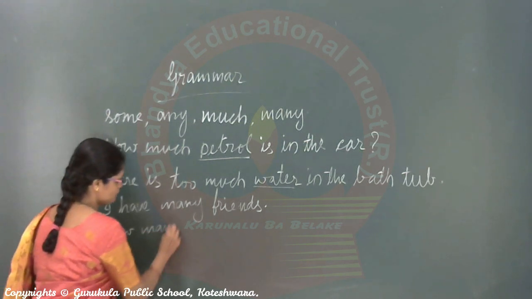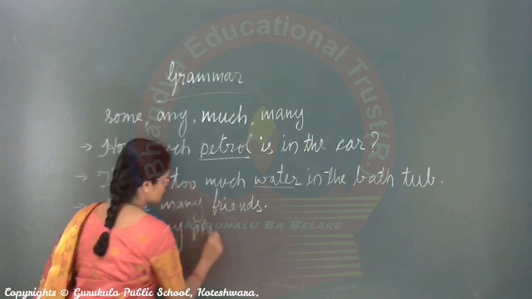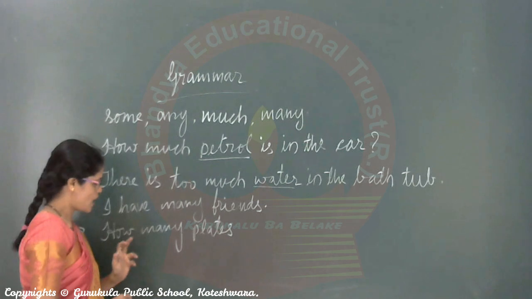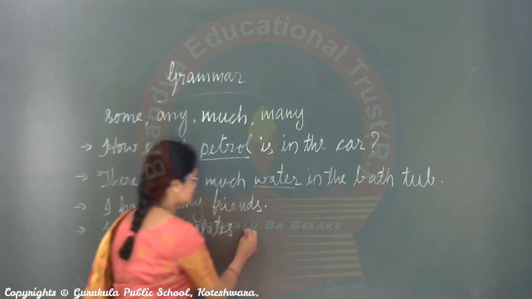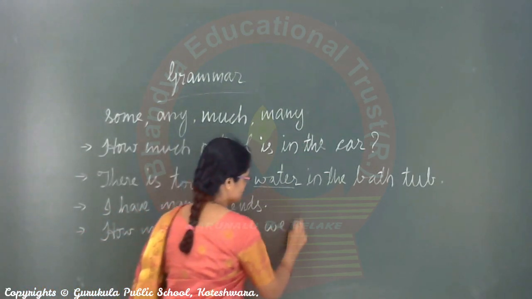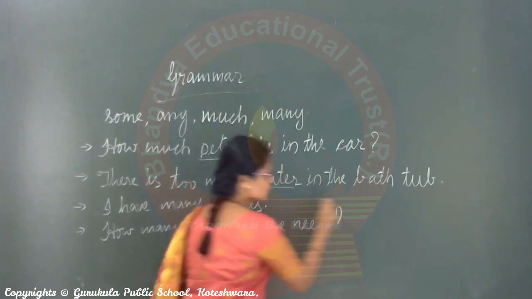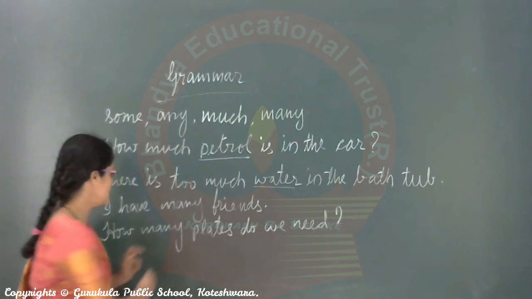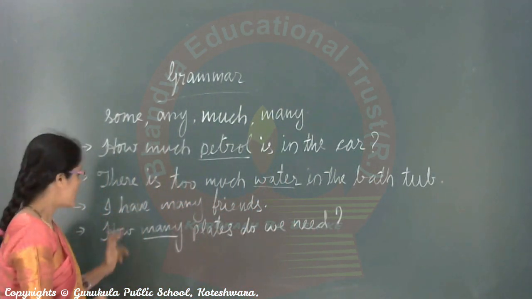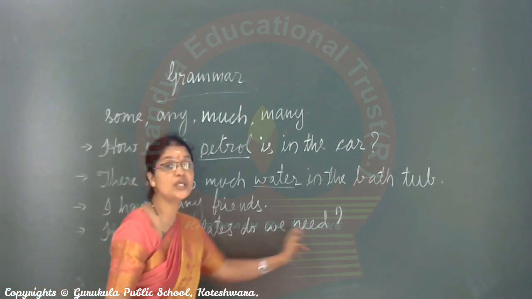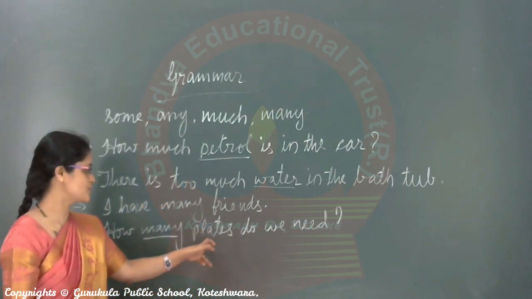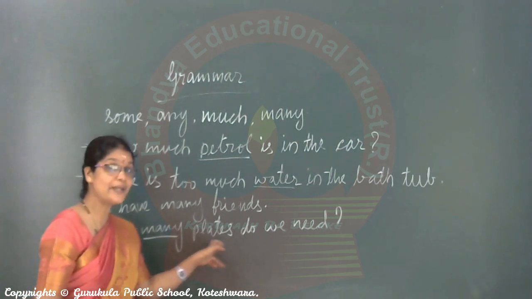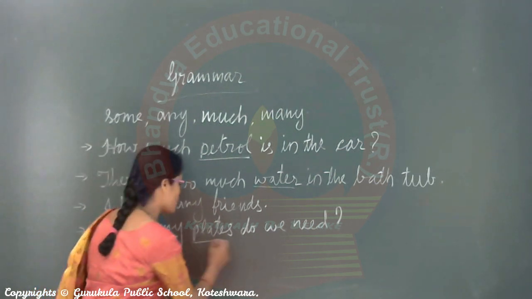How many plates do we need? See, many, I have used in a question. How many plates do we need? Here, which is the noun? Plates. I have used many with a noun.